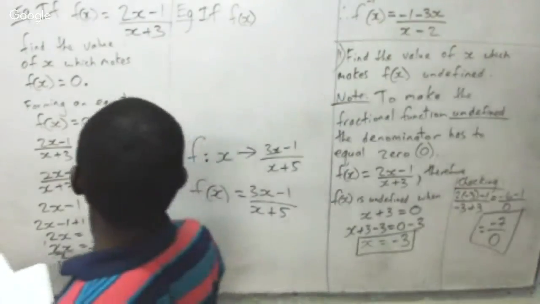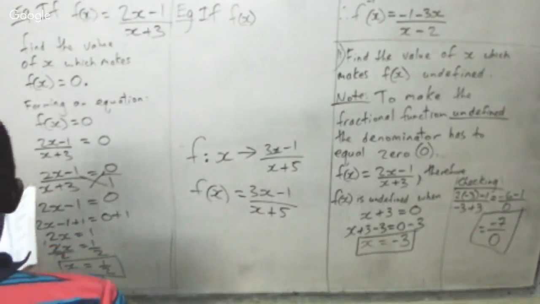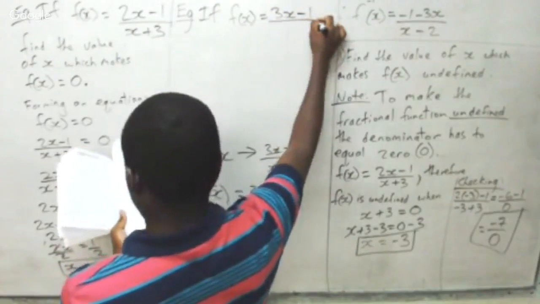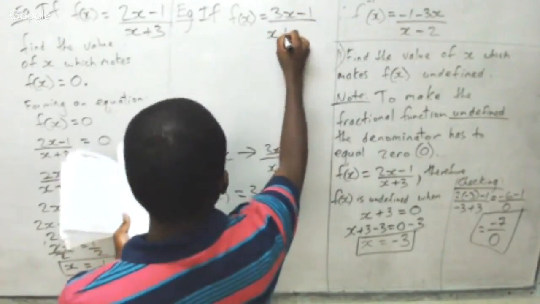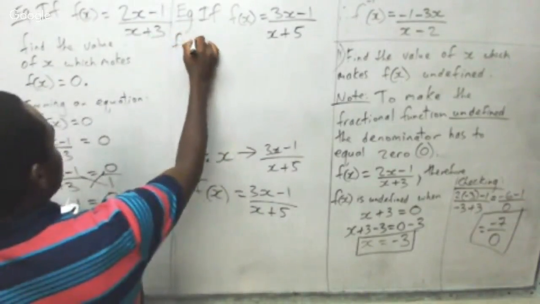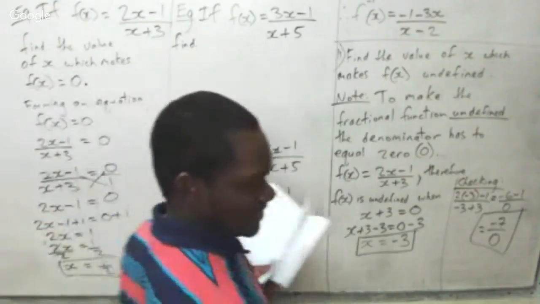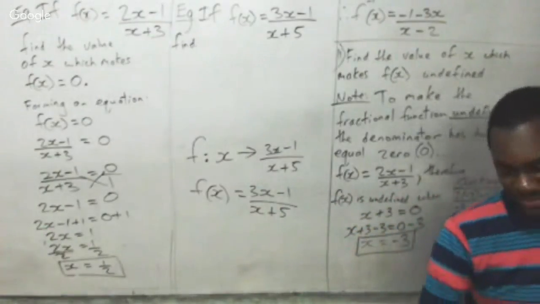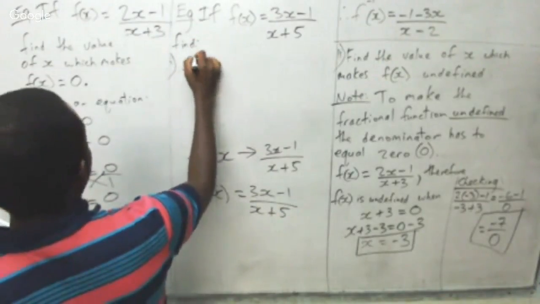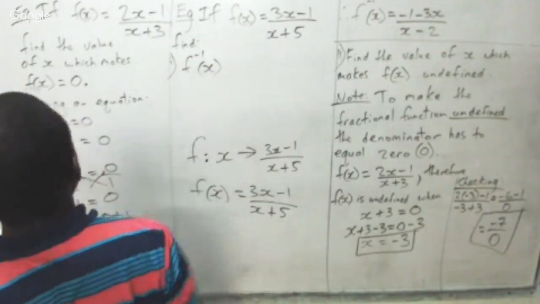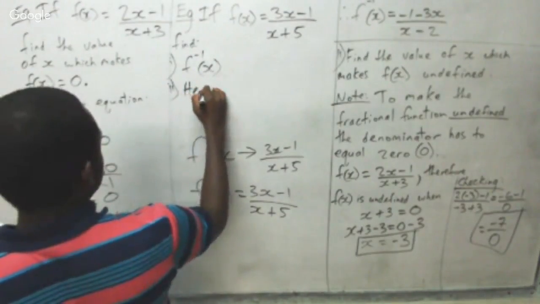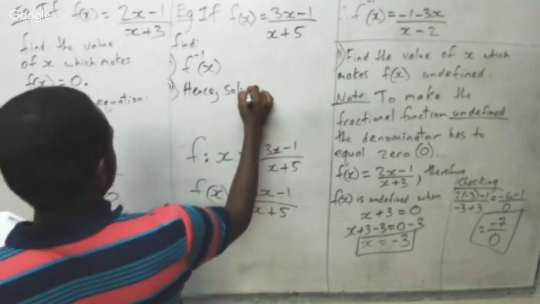All right, now back to what I was saying. If f of x is equal to 3x... find f inverse, hence solve.